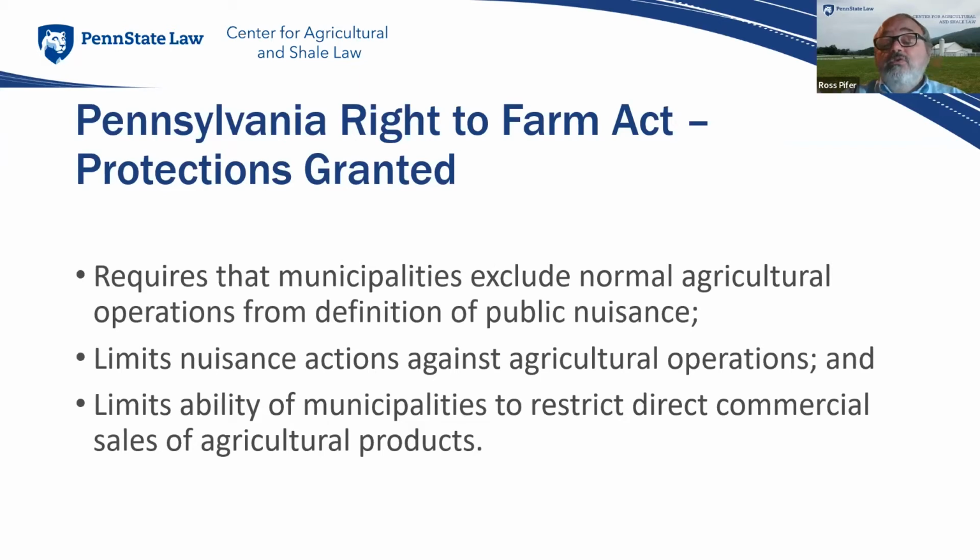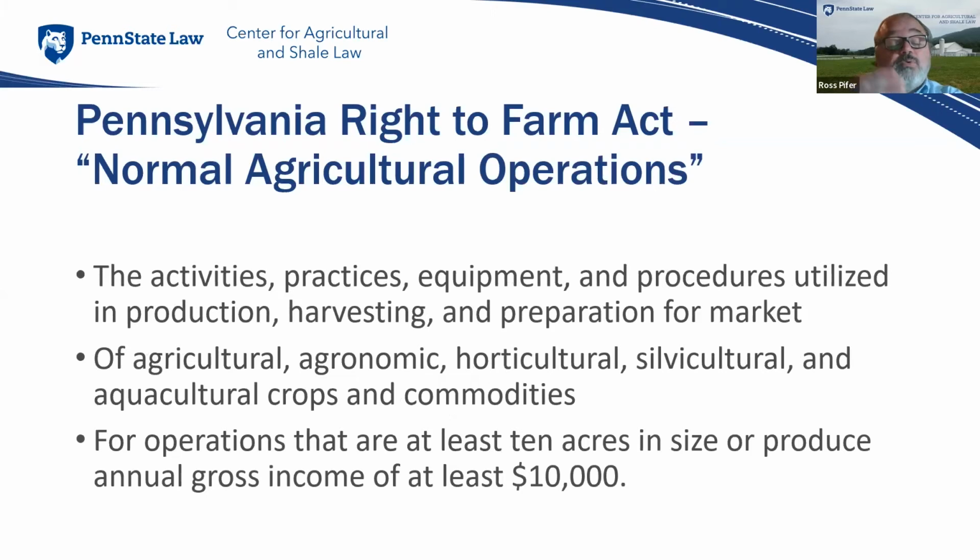Now, this concept of a normal ag operation is a critical definition for right to farm as well as ACRE. And just to look at that definition, you'll see it's fairly broad, but not all encompassing. You look at activities, practices, equipment, and procedures in the production, harvesting, and preparation for market.